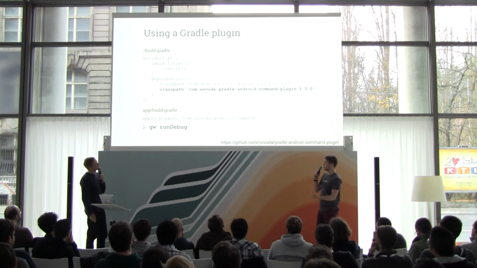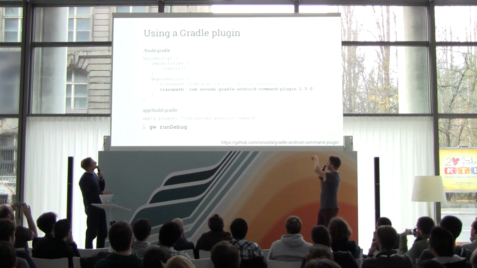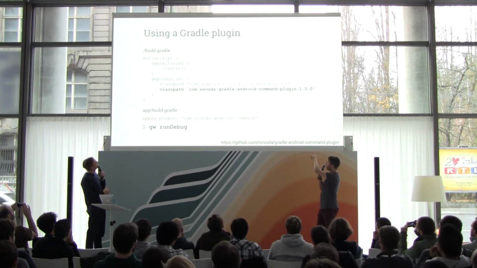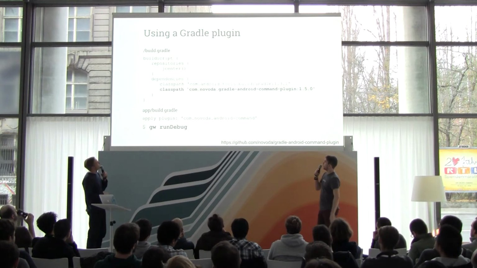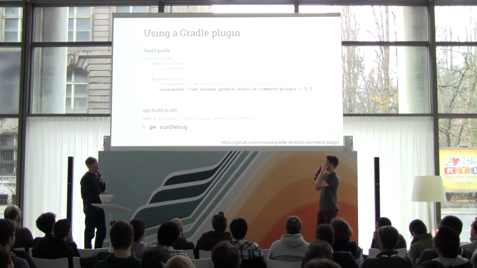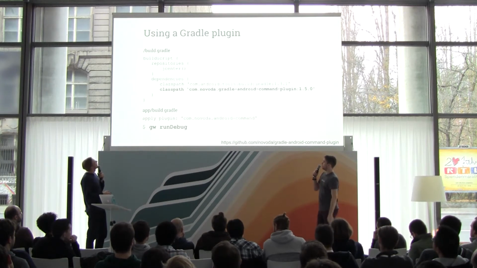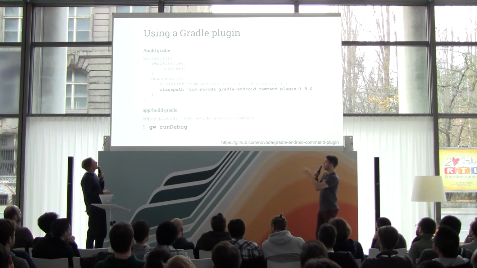Yeah, right. So we didn't tell that, but actually we work for Novoda, right? And so at Novoda we wrote a little Android command plugin, which is a fine wrapper around adb. And then it has a lot of different and useful tasks for your Gradle setup. So for instance, now we can just use gw and then run whatever version we want.